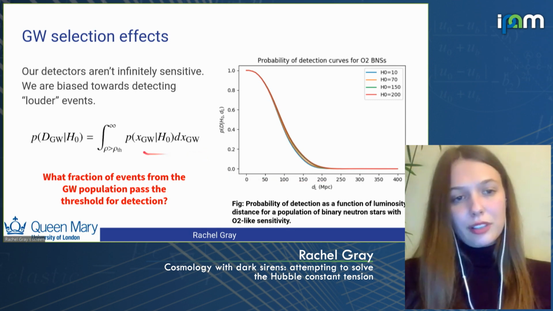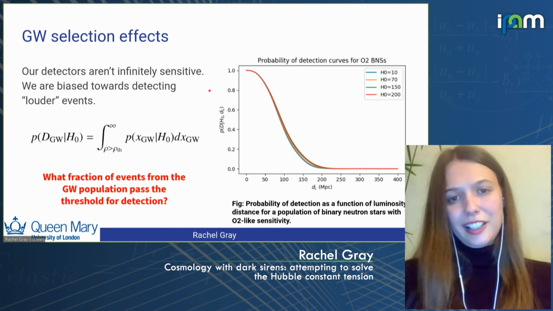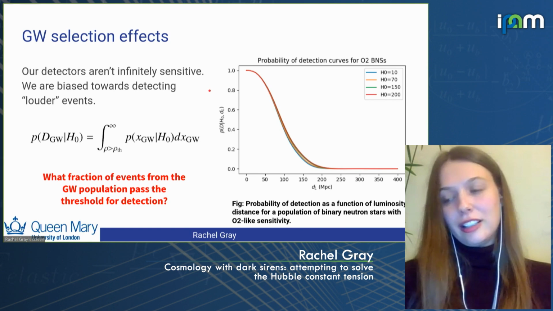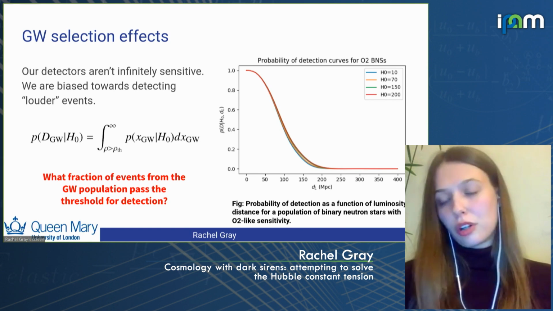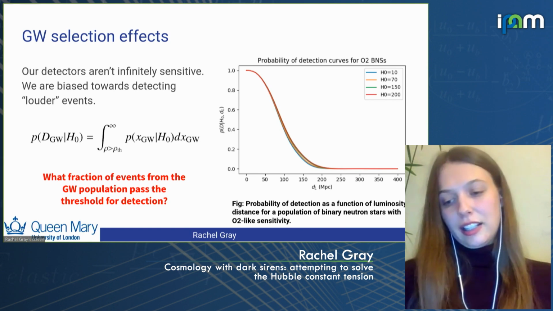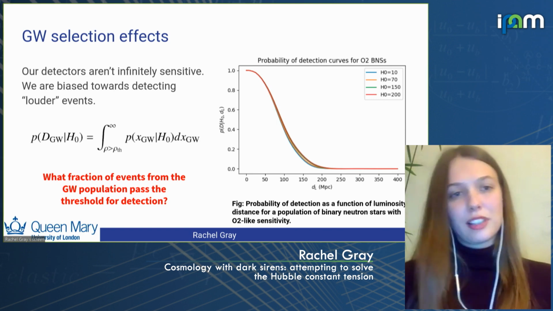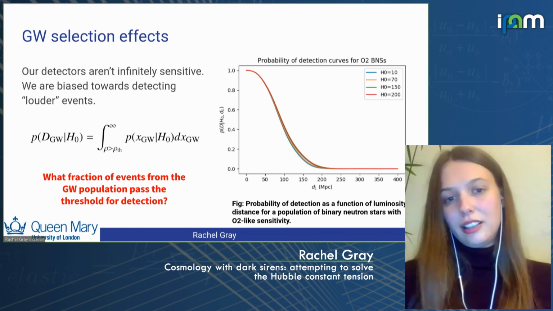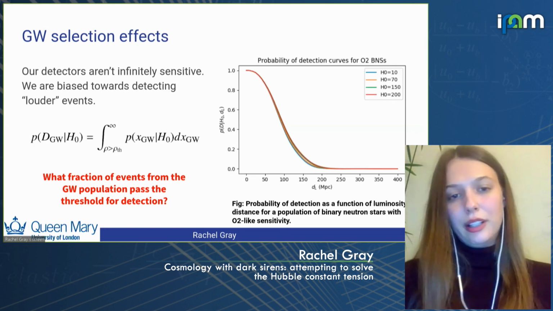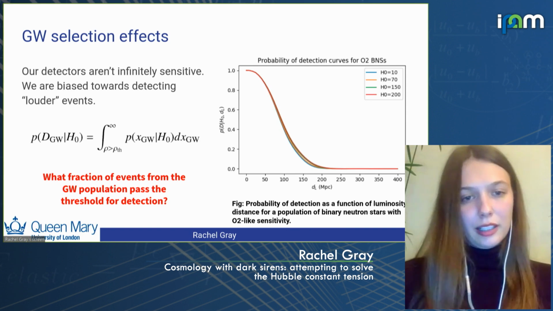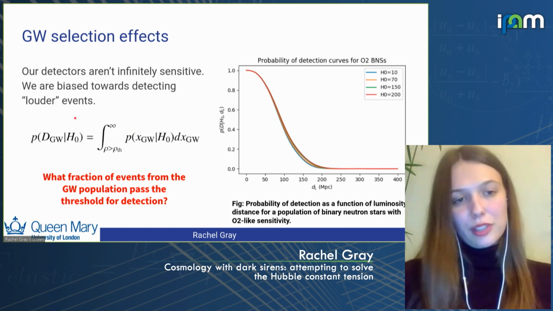The way to compute gravitational wave selection effects, this term here, I'm sure other people will talk about in more detail, but theoretically you could generate a bunch of mock data or mock events, and for some setup with some detector sensitivity, ask, is this event going to be detectable, yes or no, and build up, compute it in a Monte Carlo fashion like that.